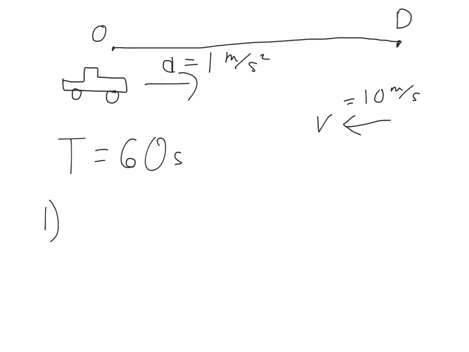In this case the initial position is 0 and the initial velocity is 0. The final position is distance d. We're going to use the general equation x equals x naught plus v naught t plus 1/2 a t squared, and we should also say what the positive direction is, so we'll call to the right positive.